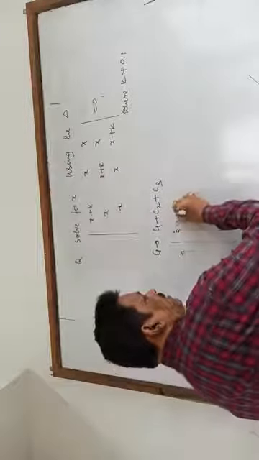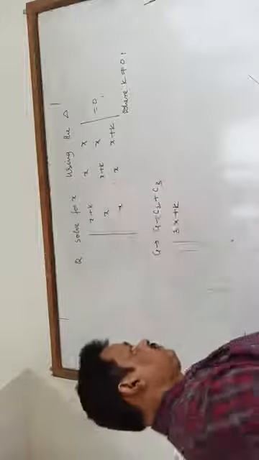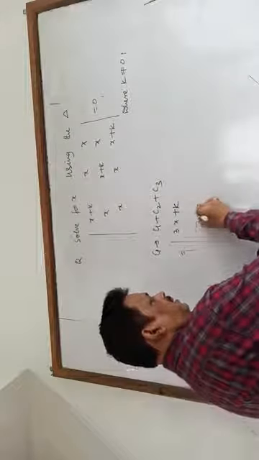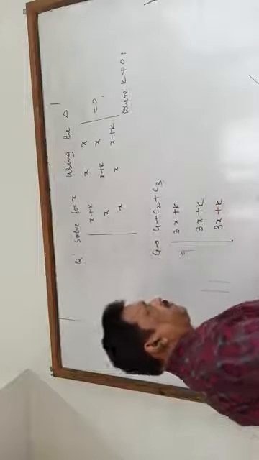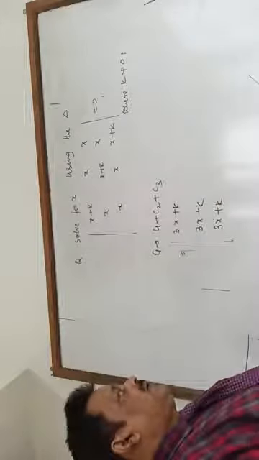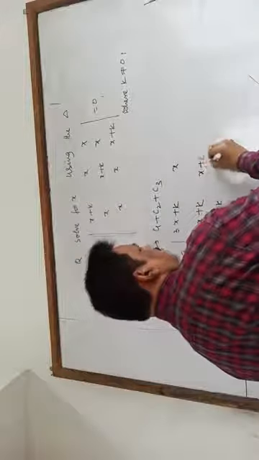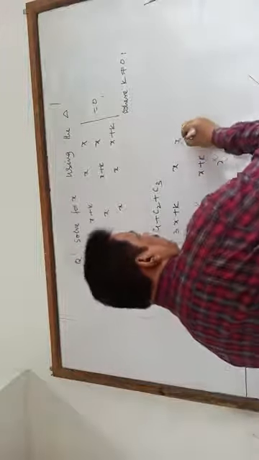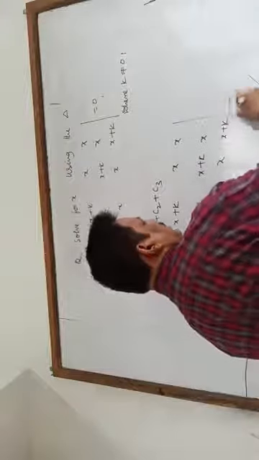So you are getting 3x plus k. This also if you add, you will get 3x plus k. This is also 3x plus k. Then the other columns remain, x plus k, x, x plus k.